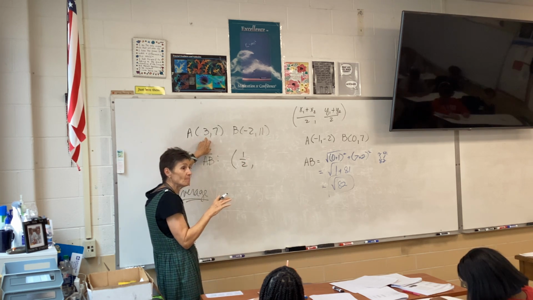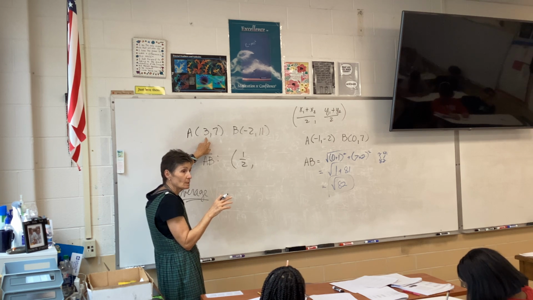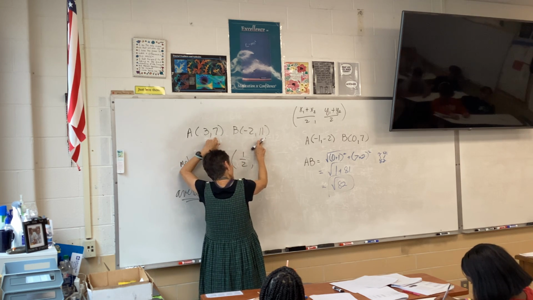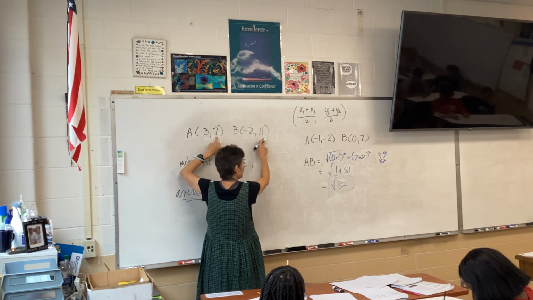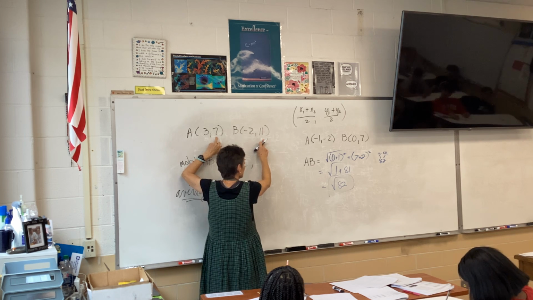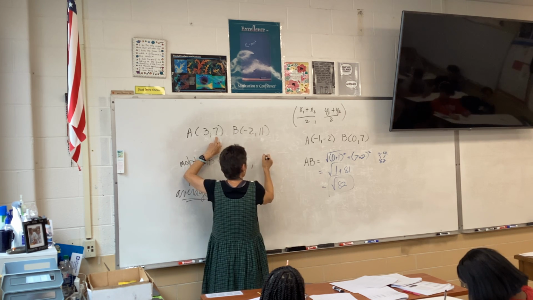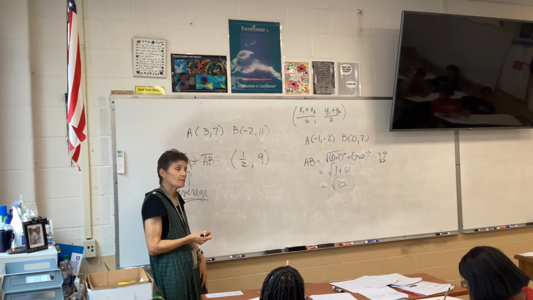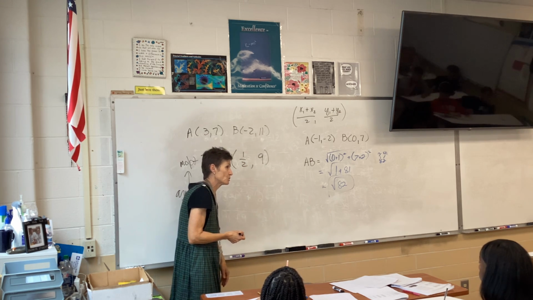I'm going to add them and divide by 2. What's my average y? 7 plus 11 is 18, divided by 2 is 9. Isn't that easy? Midpoint is average.